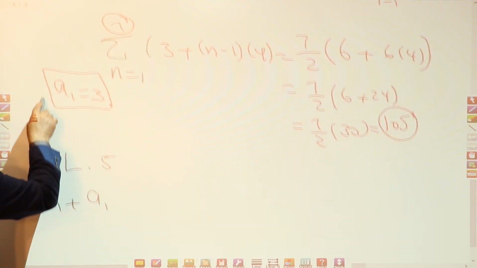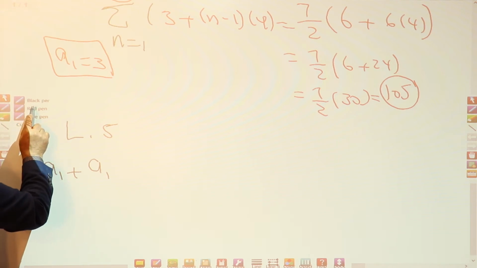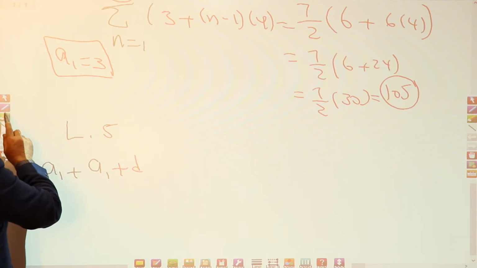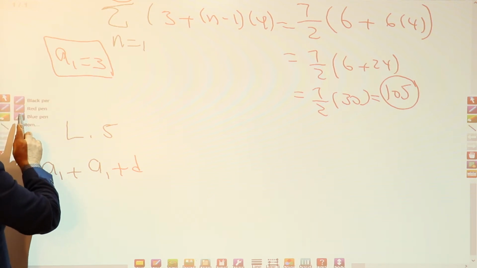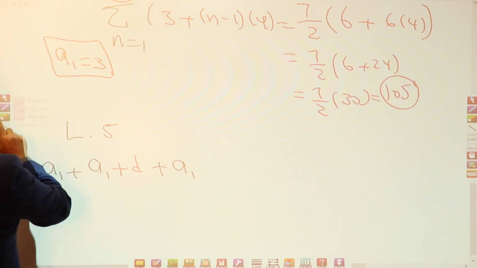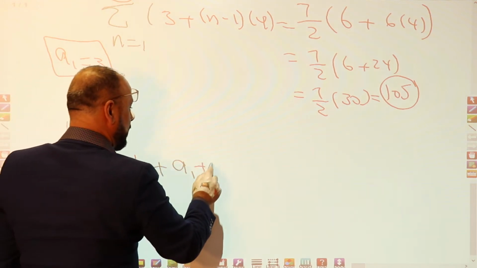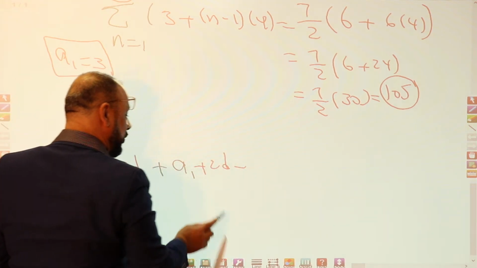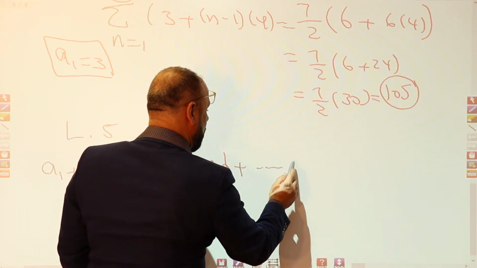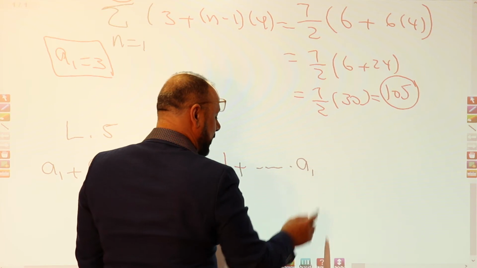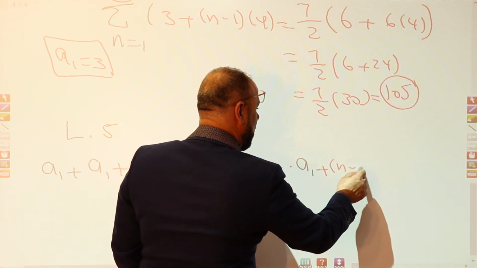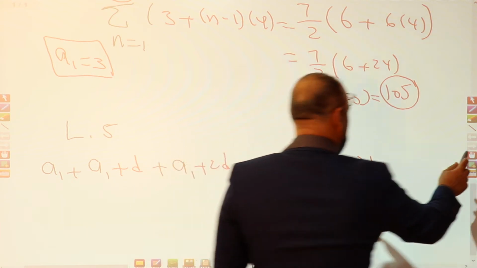At the second one, A1 plus D. Then A1 plus 2D. Till I reach what? All the way to where? A1 plus n minus 1 d.